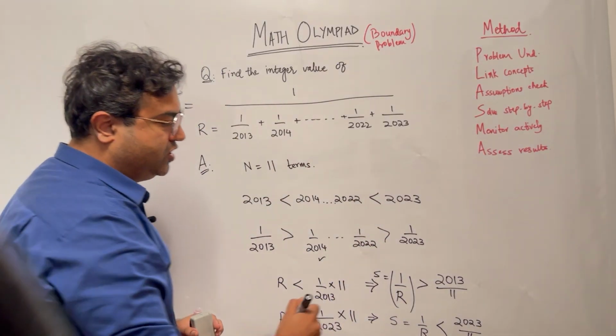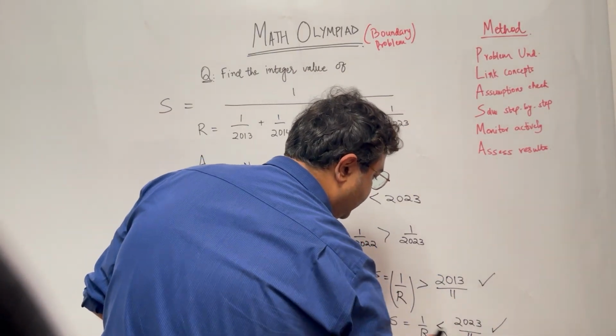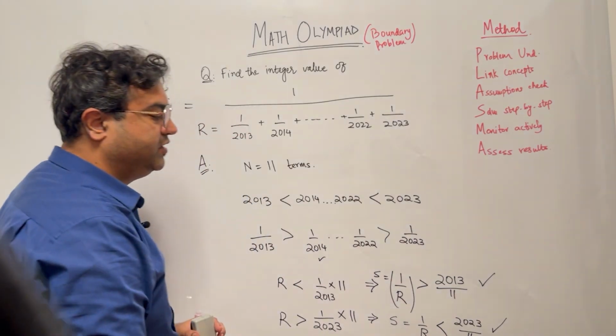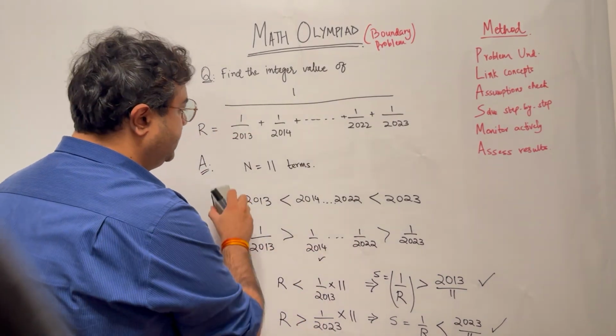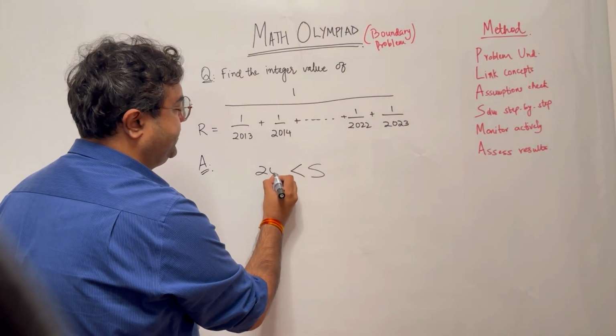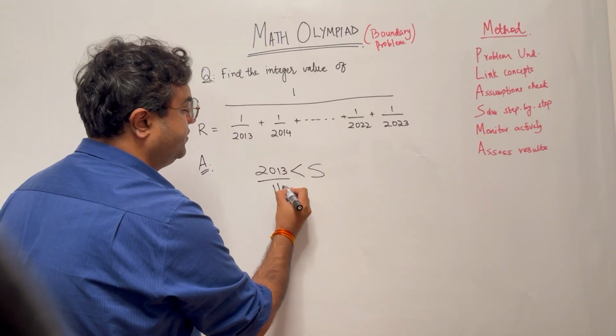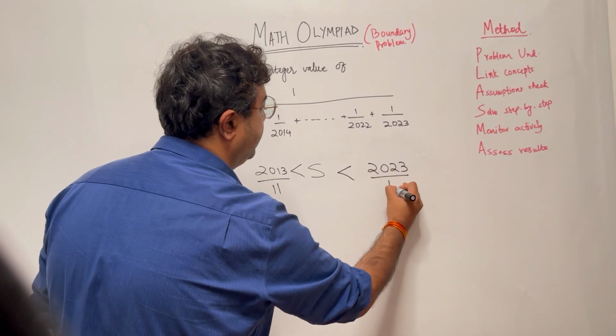Now we have S greater than this and S less than this. So S is greater than 2013 by 11 and less than 2023 by 11.